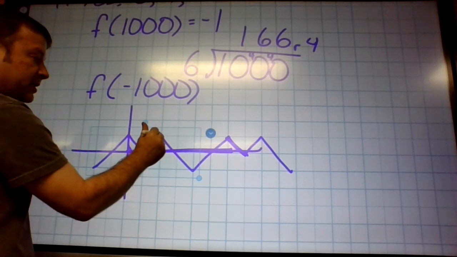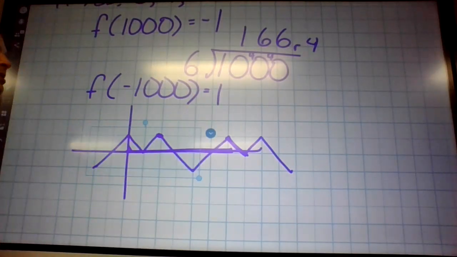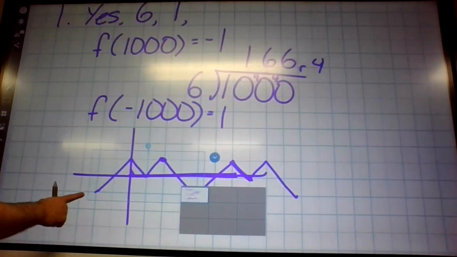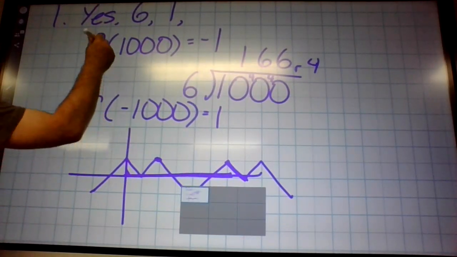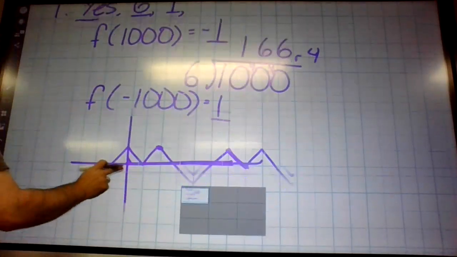So the value at -1,000 would be +1. So there's 1, 2, 3, 4, 5 answers.